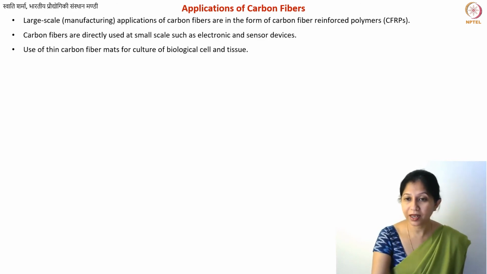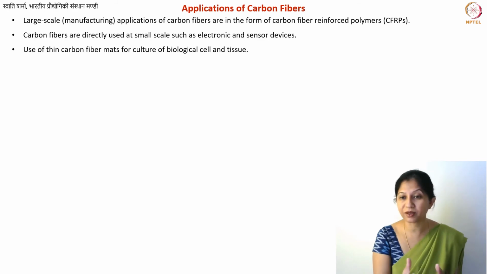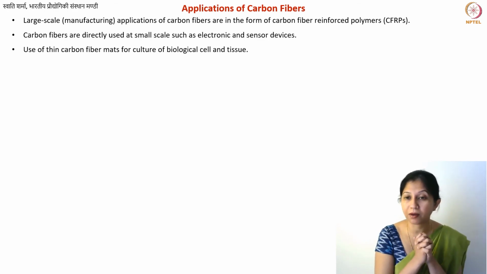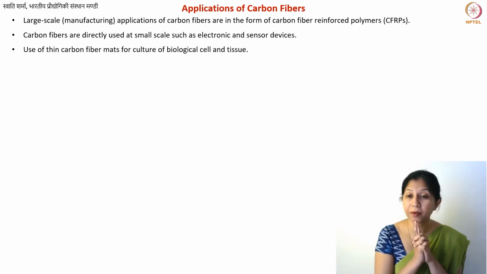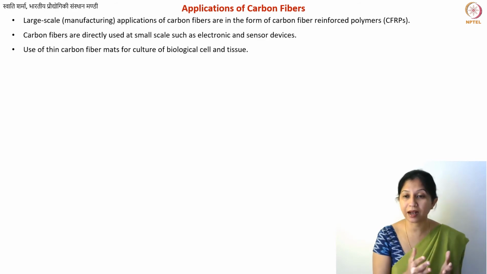I have not given any specific example, but there are publications that you can search for. You have these ultra thin carbon fiber mats that can be used as cell culture substrate.